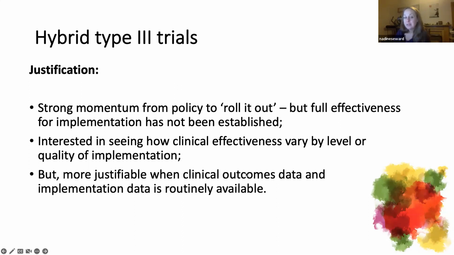It's more justifiable when clinical outcome data is routinely available. So sometimes health centers routinely collect information on, say, PHQ-9 scores, which are a measure of the severity of depression. Or sometimes they can collect information on chronic disease, diabetes, systolic, diastolic blood pressure that's routinely available at the clinic and recorded in the different systems.